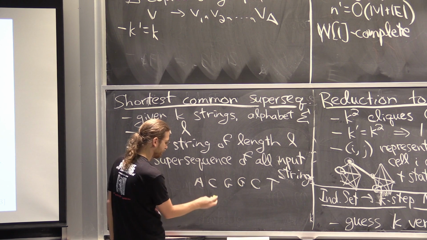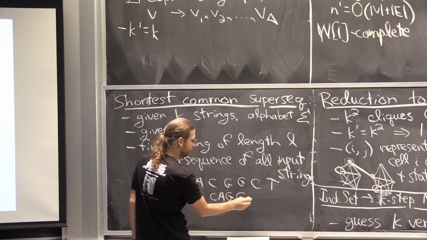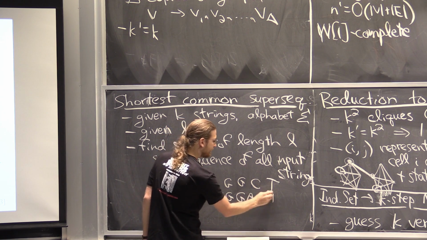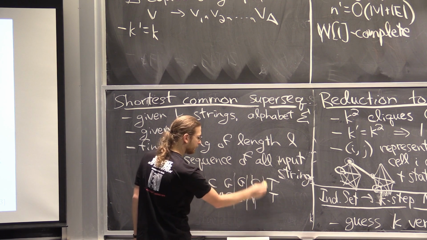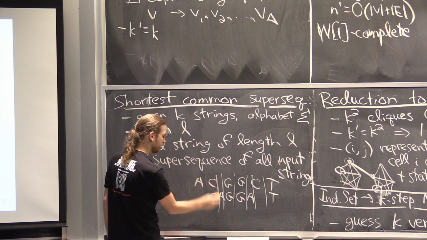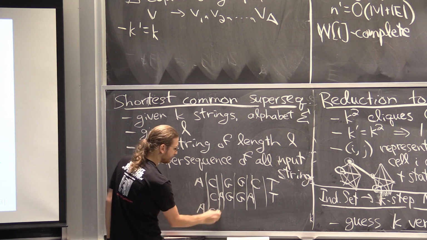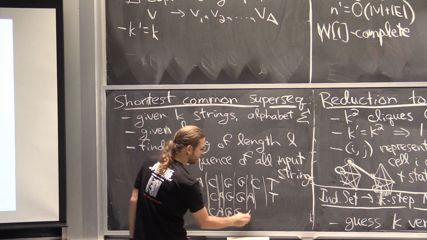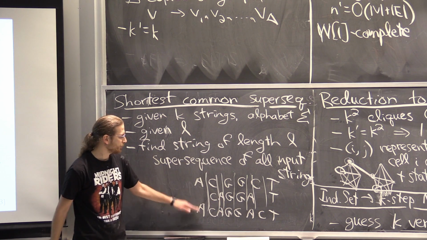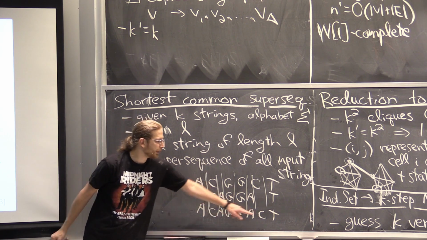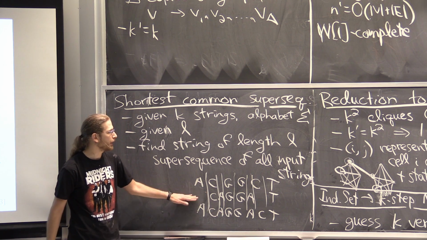And we have some other string like C, A, G, G, A, T. I tried to draw those aligned. Then the common superstring here is A, C, A, G, G, A, C, T. This is a superstring, meaning I can drop letters from down here and get this, or I can drop letters from down here and get this. That was for k equals 2.